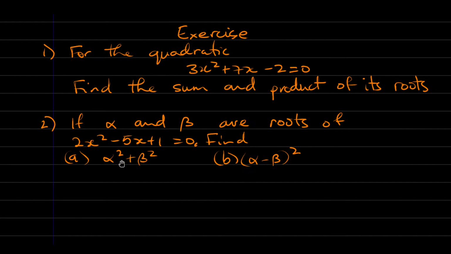When you're solving these, try and see if you can expand either alpha minus beta squared or alpha plus beta squared. Try expanding these two, and then you would get a relationship between this here and the sum of roots and product of roots. That's your hint in solving this one, right?